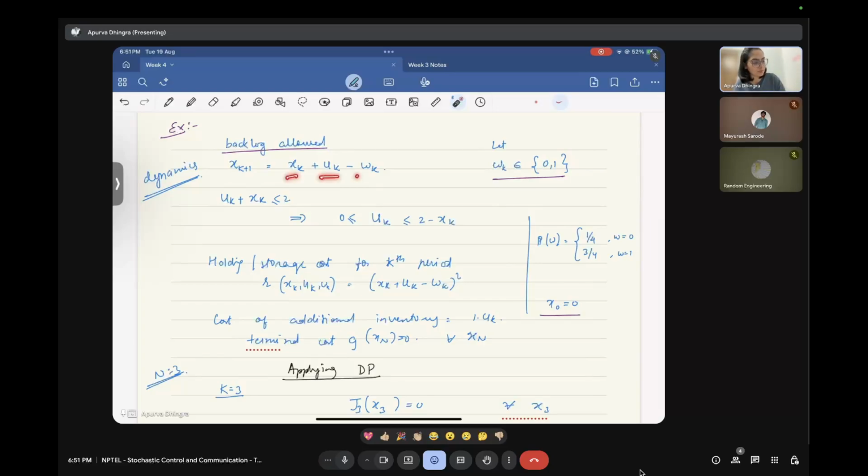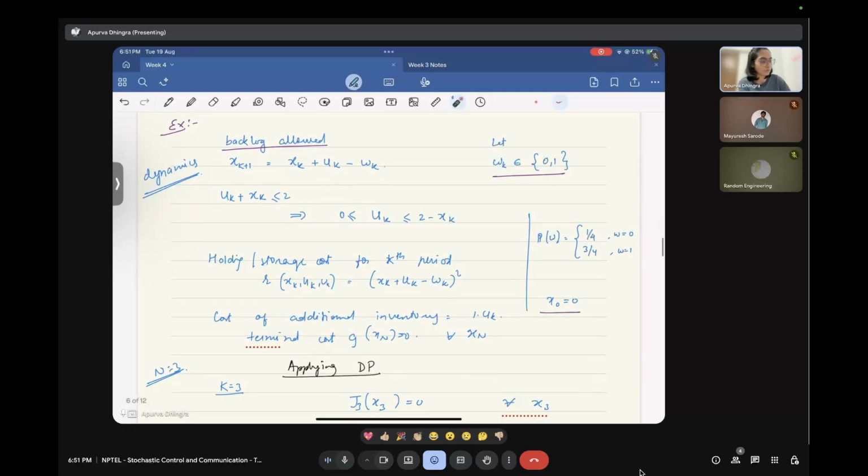First of all, these values are supposed to be integers. And for w_k, I'm saying that this is either 0 or 1. That is, the demand is either there is somebody or there is nobody.